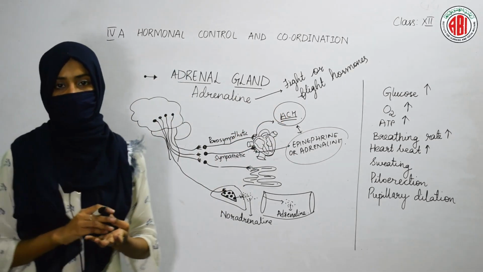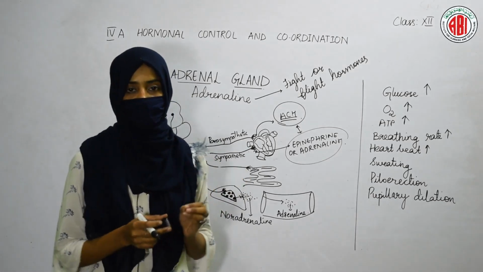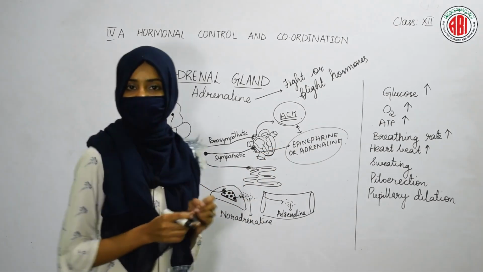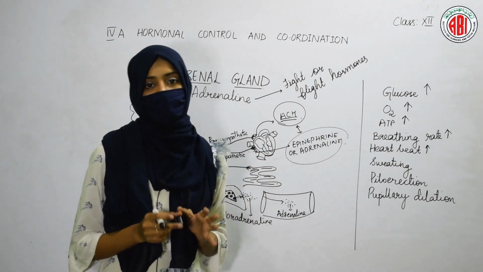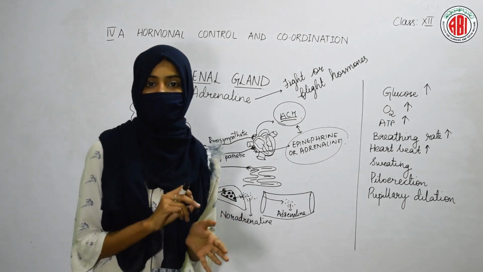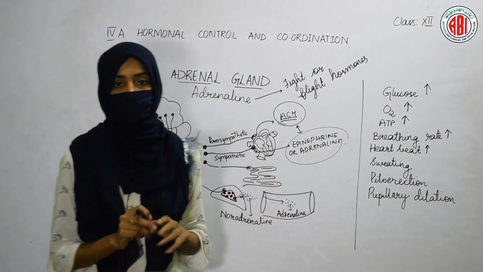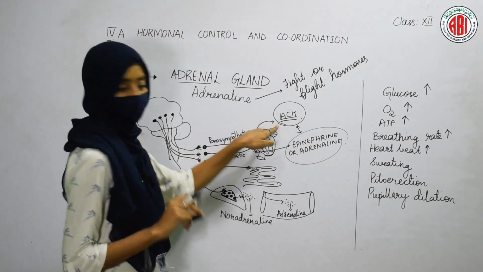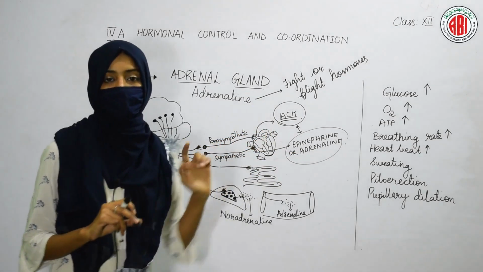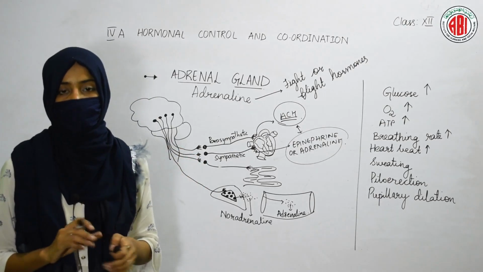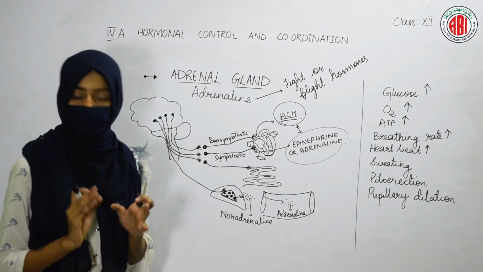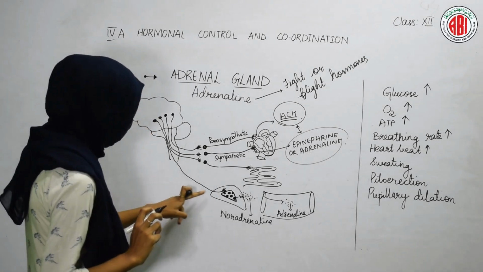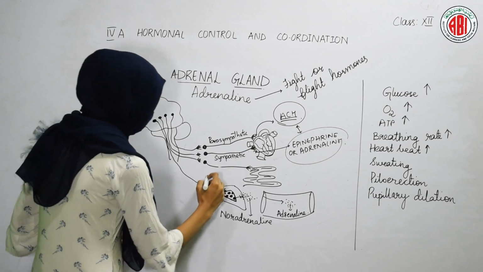You might have heard the name of the hormone called noradrenaline. You might think that noradrenaline functions in an opposite manner when compared to adrenaline, but it is not so. Adrenaline functions in an opposite way to acetylcholine, but when we talk about noradrenaline and adrenaline, both function in a similar manner, right?